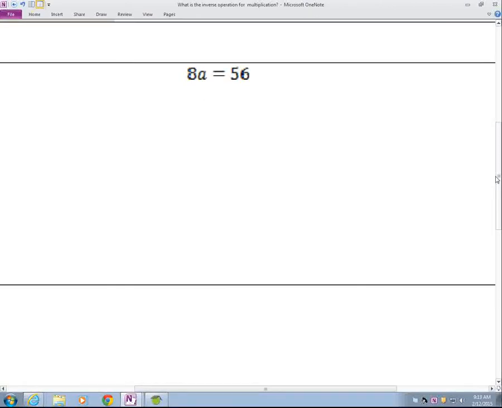Now, we have a coefficient of 8 with our variable, and I'm going to rewrite this. You don't necessarily have to rewrite this, but I have 8a equals 56. Okay, but I do want you to ask yourself this every time.